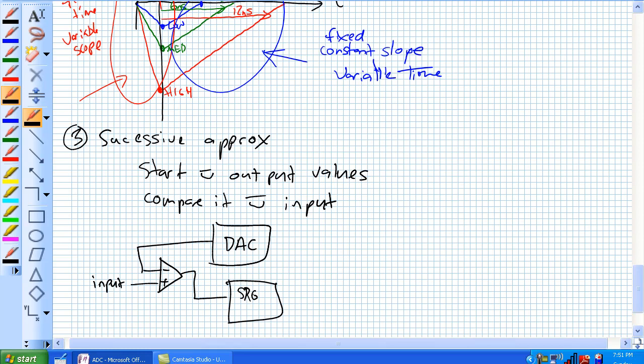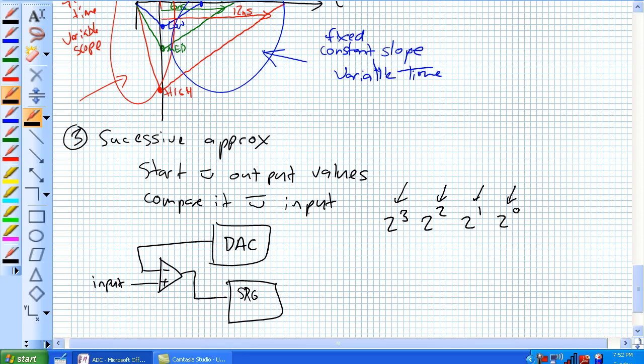Okay, so let's say we're going to do 4-bit. So 2 to the 3, to the 2, to the 1, to the 0. And like I said, it's typically done from the MSB down. And we assign each one of these a weight.